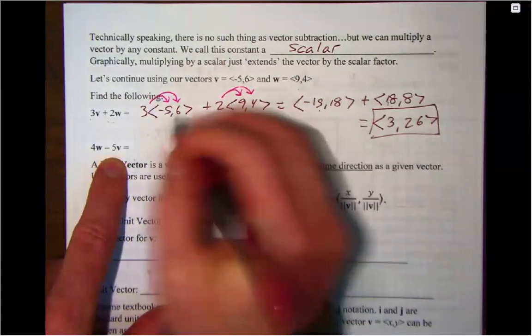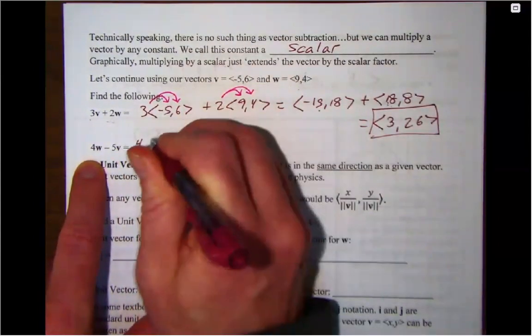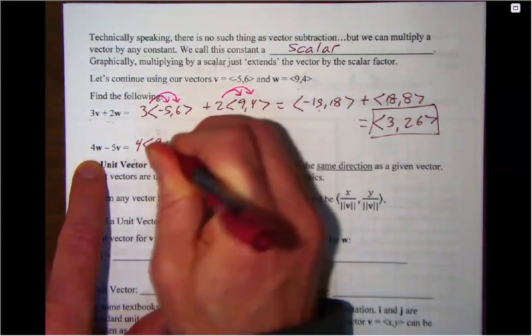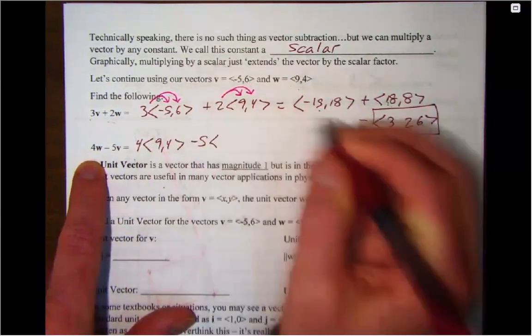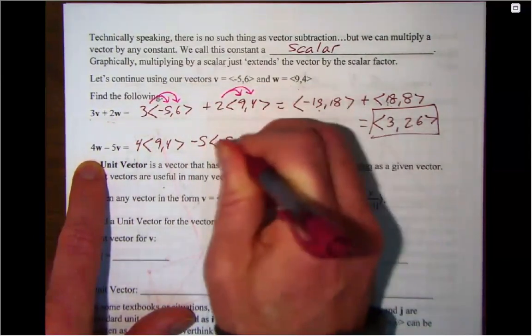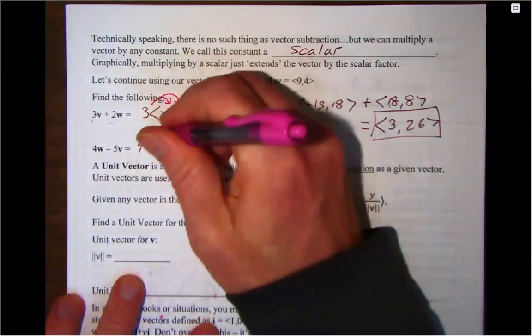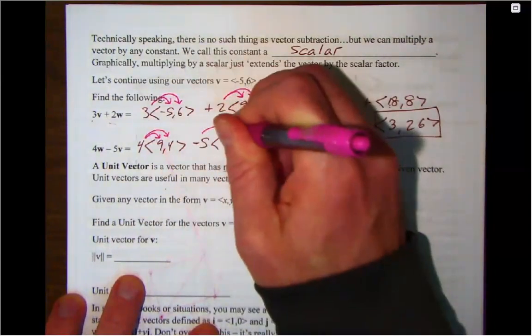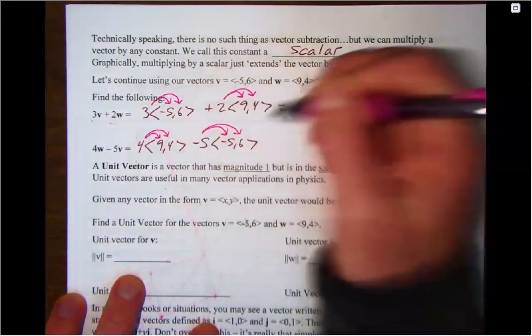Now, I'm not going to do the whole thing, I'm just going to set it up for you. So it would be 4 times the vector 9, 4 minus 5 times the vector negative 5, 6. When you're distributing, especially on the second one, make sure that you distribute the negative sign as well. That way you don't forget about it.